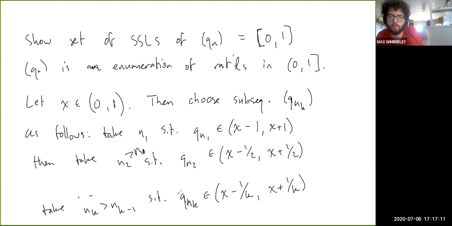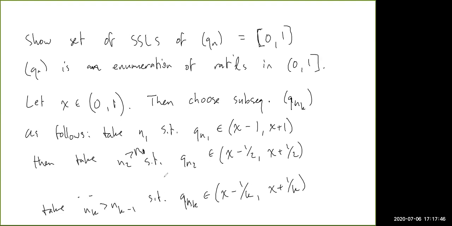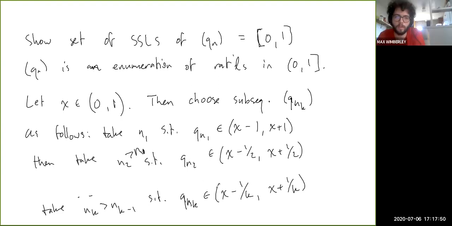So the main question is, why is this possible? The reason is that for each k, when you're trying to choose nk, we've chosen things up to nk minus 1, so we've looked through that many terms of the sequence Qn so far. In the interval (x minus 1 over k, x plus 1 over k), there have to be infinitely many rational numbers.